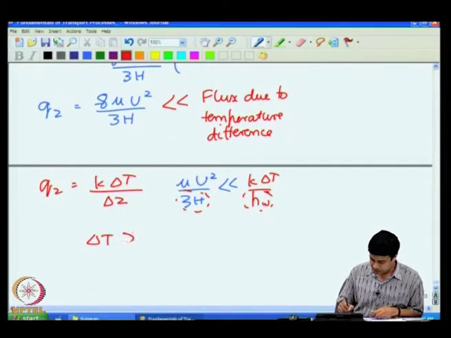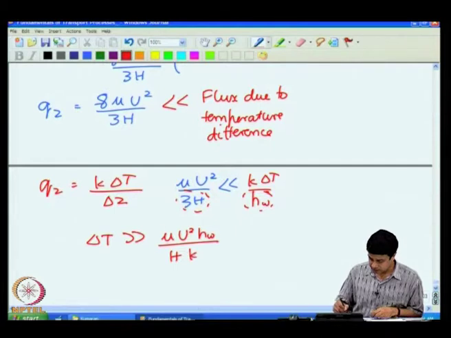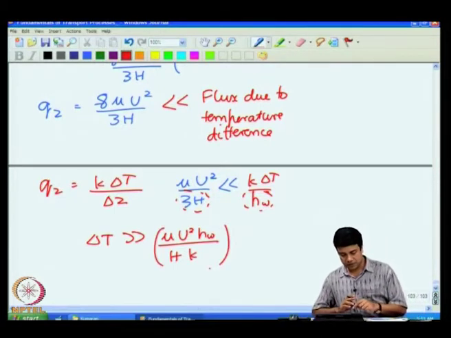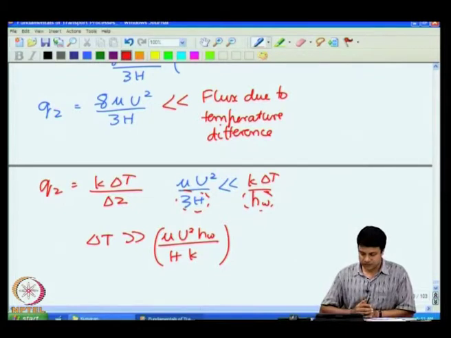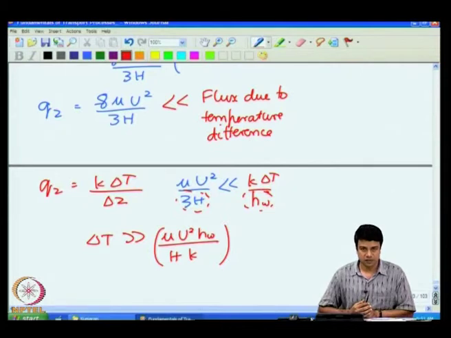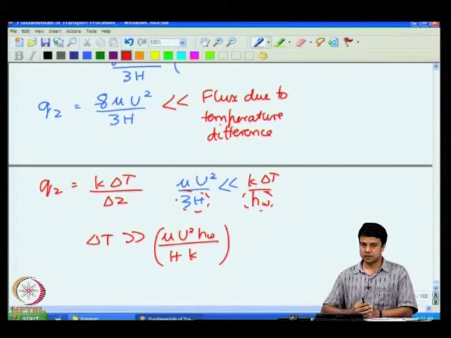delta T has to be large compared to mu u square h w by h times k. Only if this temperature difference is large compared to the temperature that is generated due to viscous heating will I be able to neglect viscous heating in comparison to the heat exchange due to the temperature difference across the tube.